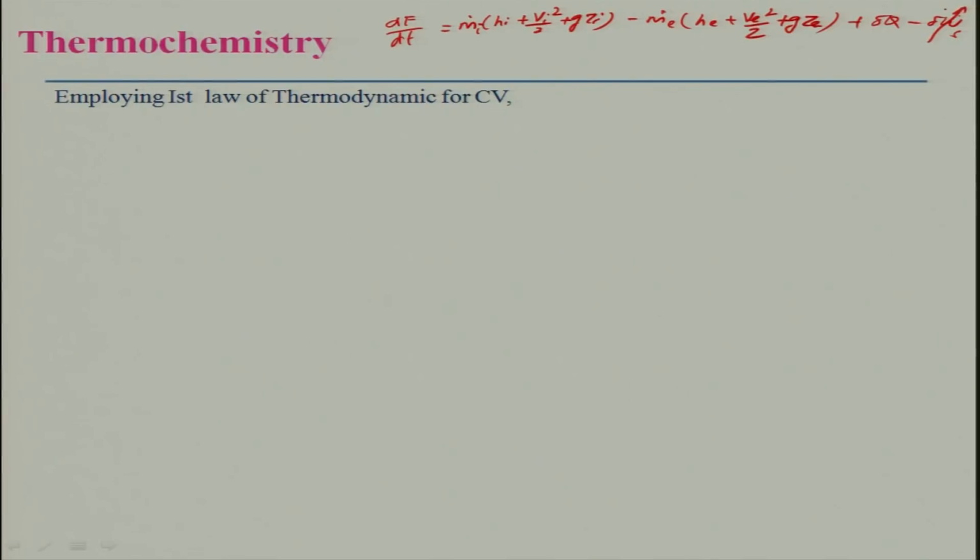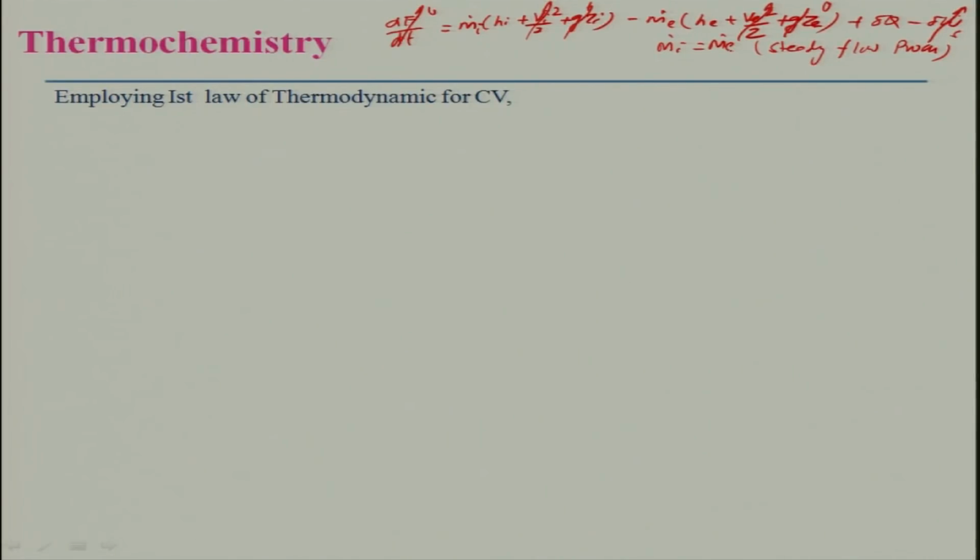This is 0, this is 0, and I am saying the change in kinetic energy and change in potential energy is also 0, right. And keep in mind that we are assuming that m dot i is equal to m dot e, that is for a steady flow process, okay. What is it saying? The mass is conserved, the continuity equation basically.